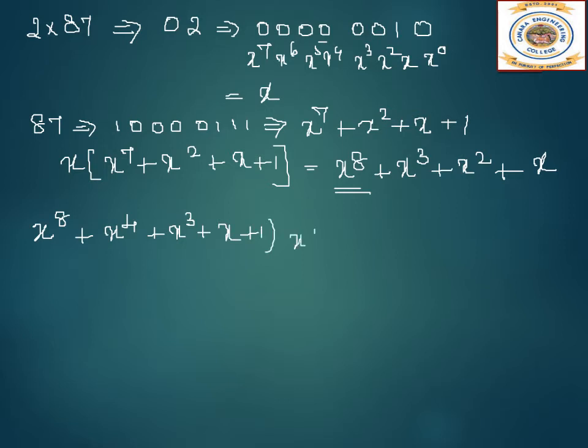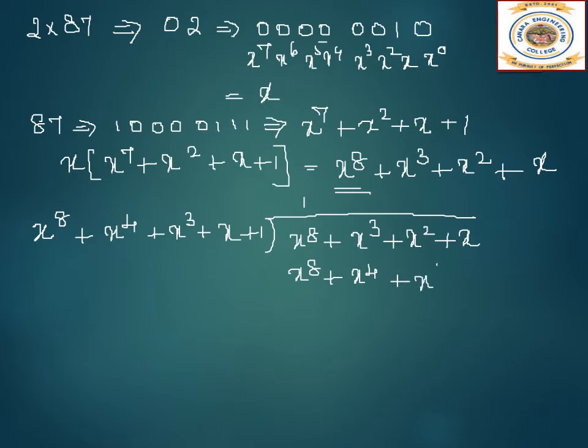Here we have x to the power 8 plus x cube plus x square plus x. Now in mod 2 the addition and subtraction both are the same.